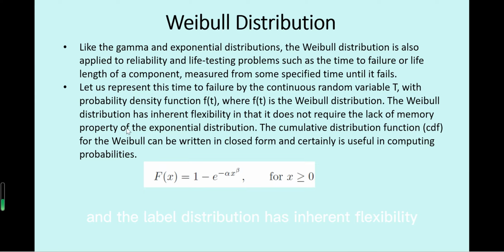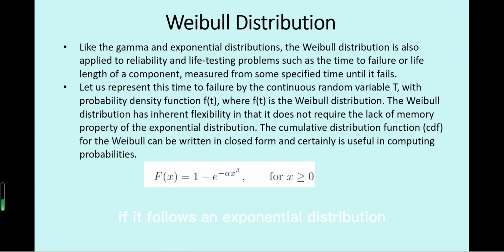And the Weibull distribution has inherent flexibility in that it does not require the lack of memory property of the exponential distribution. So we know exponential distribution is very specific because it is memoryless, or say always young. For example, you have bought a new machine, and when you have used it for 1 year, it has no problem.